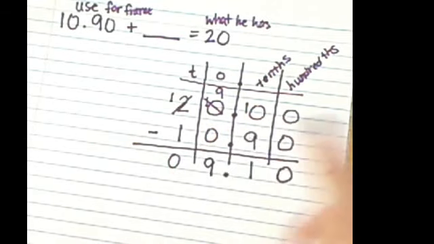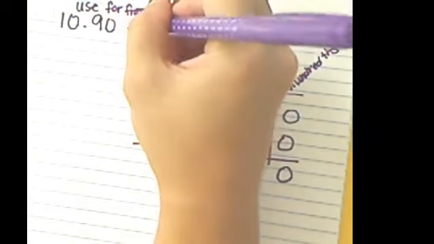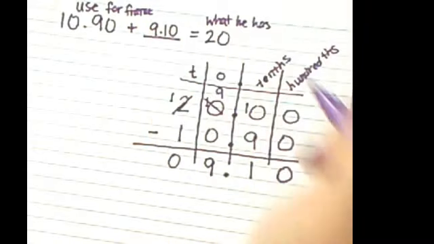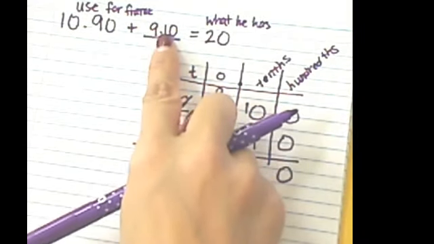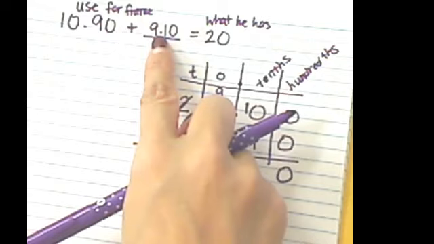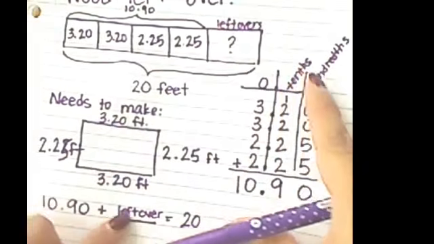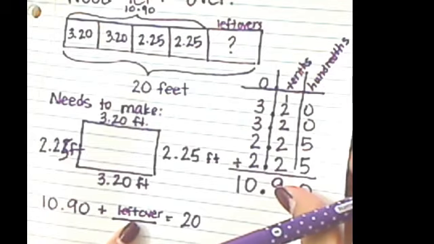Okay. So 9 and 1/10, or 9 and 10/100ths. That's this piece right here. So what does that blank mean? Do you remember what that blank means? We wrote it over here. This blank is how much is left over.